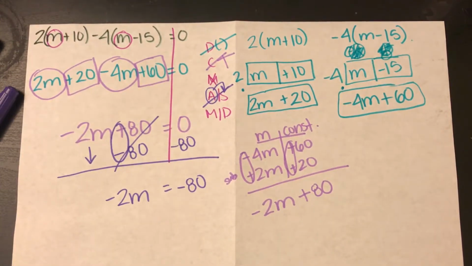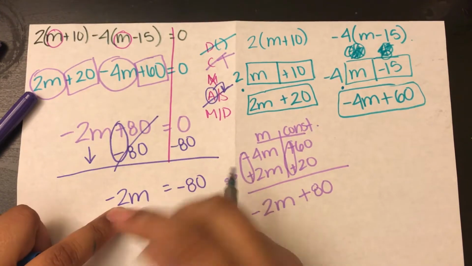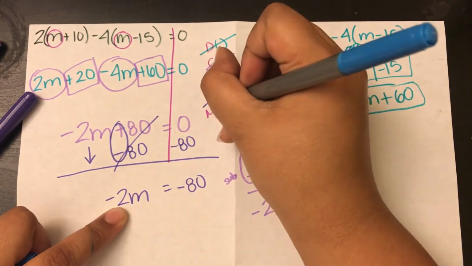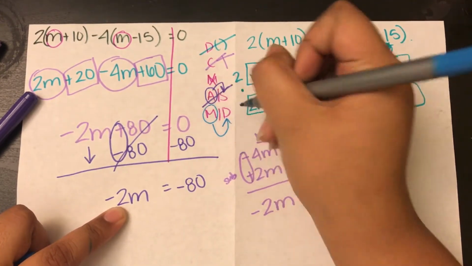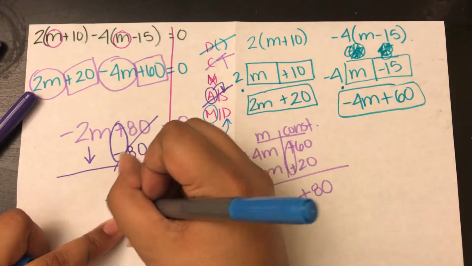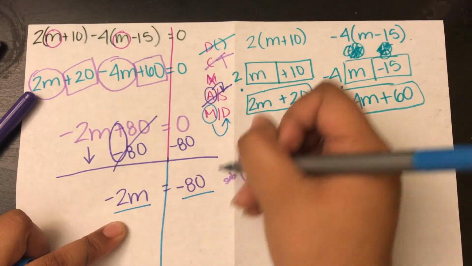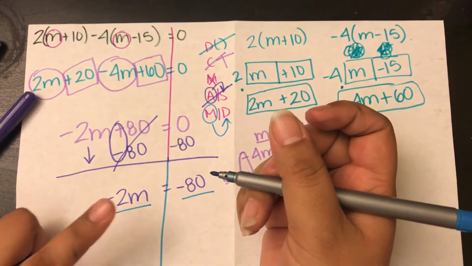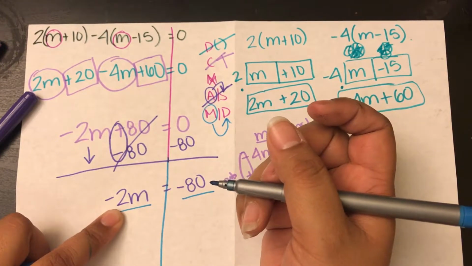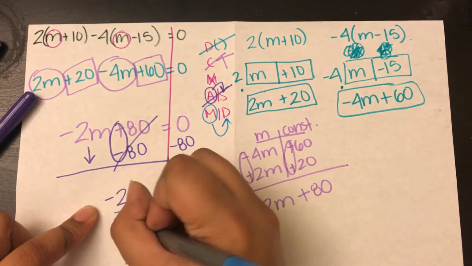Last step, let's do it in a dark blue, is to multiply or divide. When there's a number next to a variable, I know it's multiplication, so I need to divide. I'm going to use the fraction bar for my division. Oh, my wall doesn't go all the way. So I divide by whatever number's in front of the m, which is not just 2, but it's negative 2.